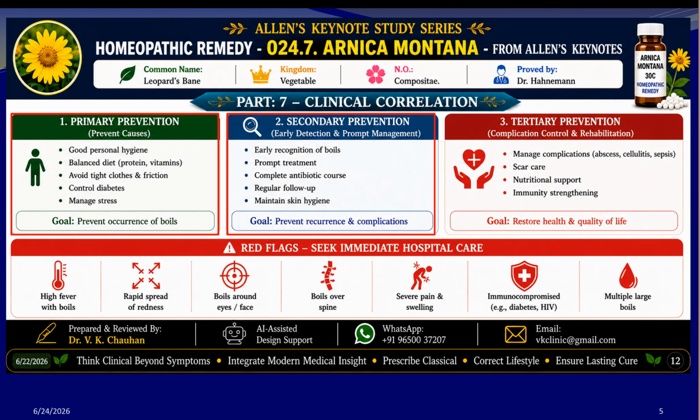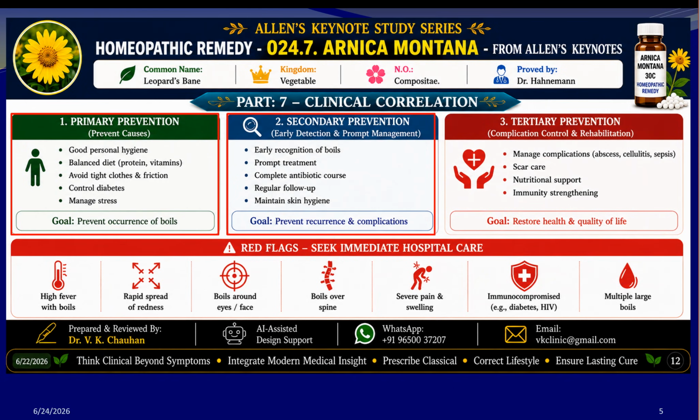Regular follow up is very, very important, and side by side maintenance of personal hygiene, skin hygiene is very important. So this also helps treating the condition and preventing the recurrence and preventing the complications.